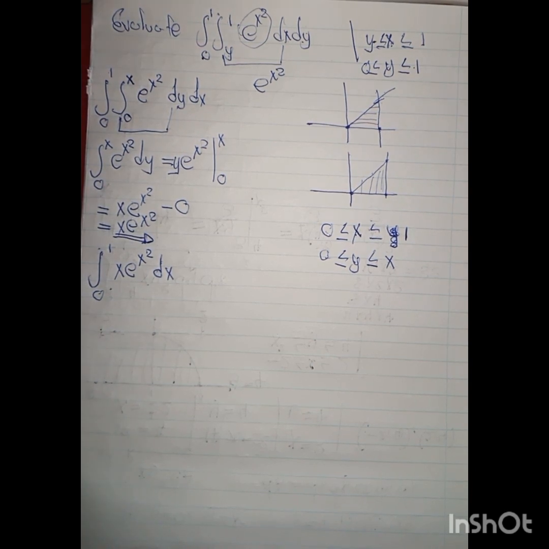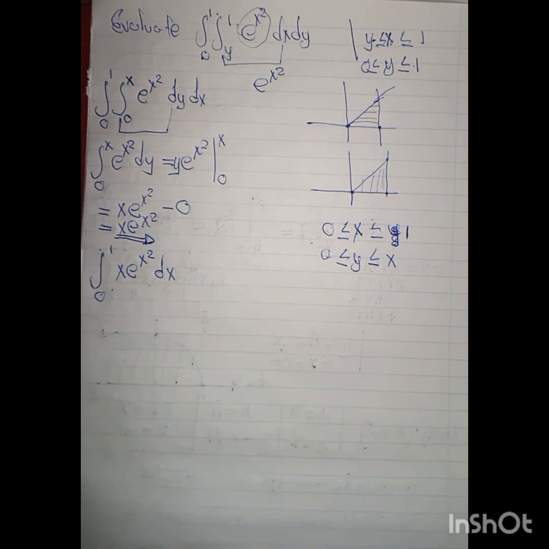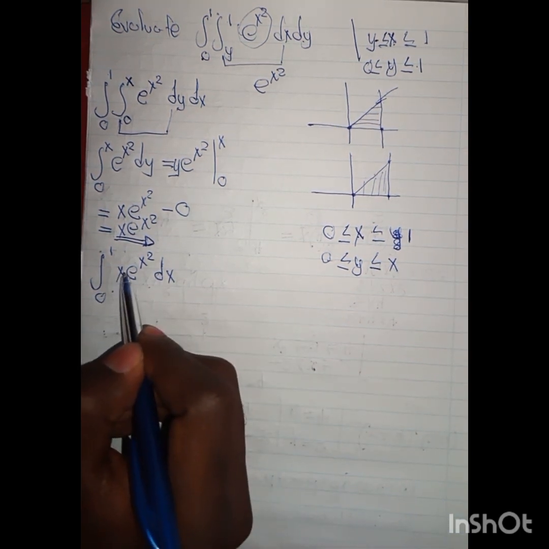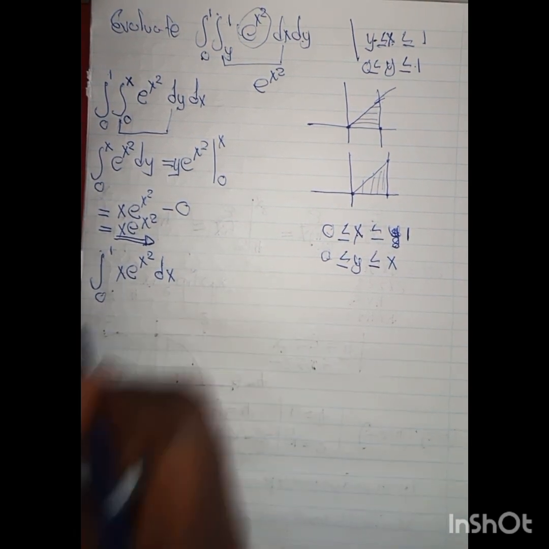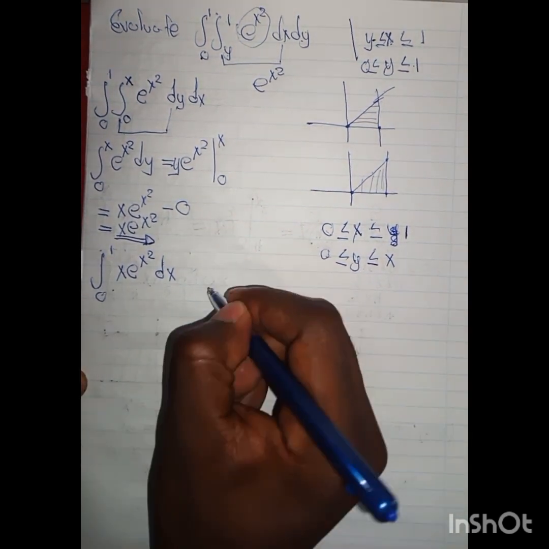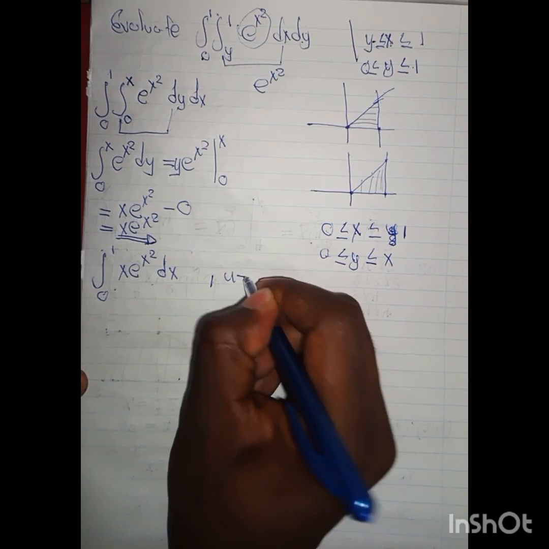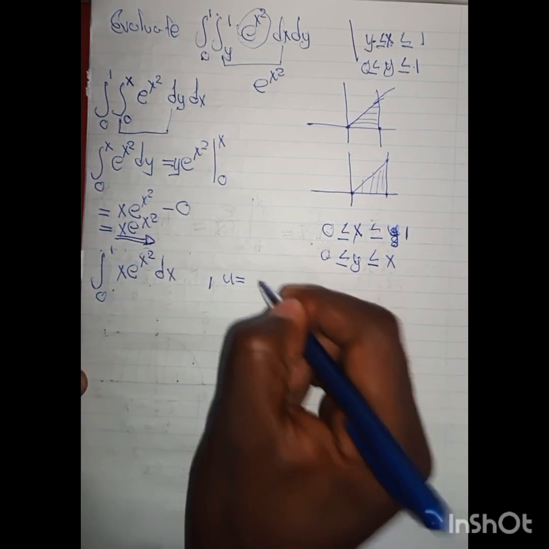So let us now look at our problem here. We can solve this particular problem using substitution, because all we want to do is to make sure that at the end we cancel this x. So how can we go about solving this problem? Let me say u equals x squared.